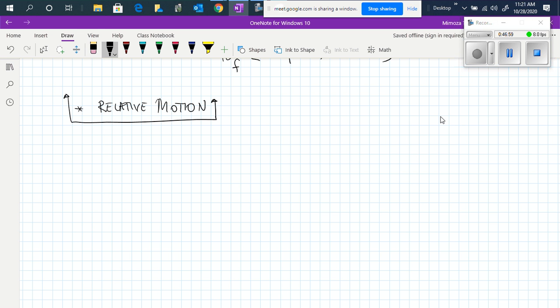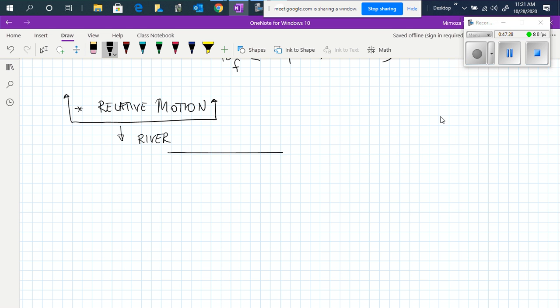Typical questions, or what we do in this case, is that we treat them as two independent uniform motions, and then we add the vectors of either the velocity, in most cases, or displacement in other specific cases. A very typical question on relative motion is the river question.